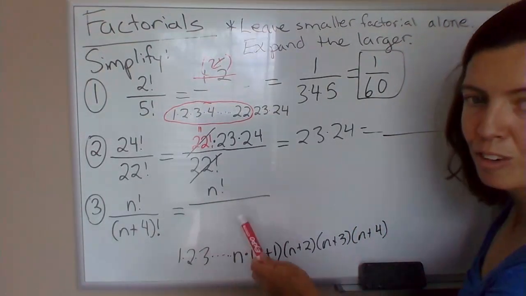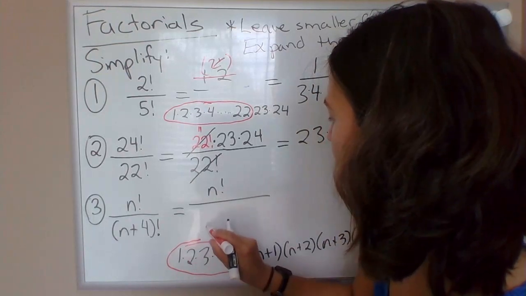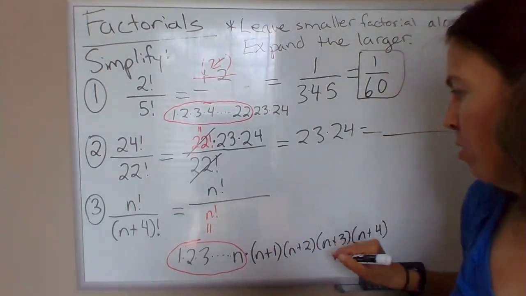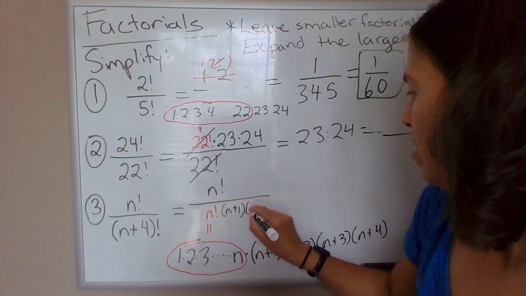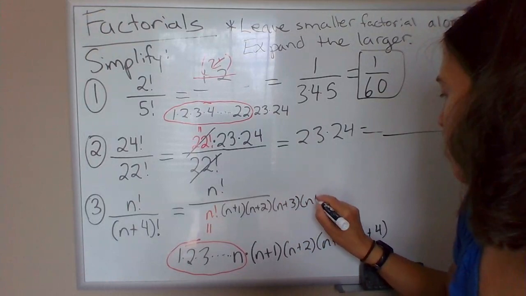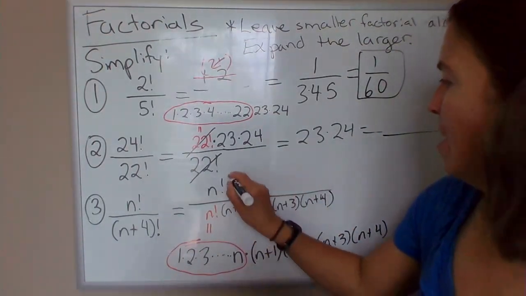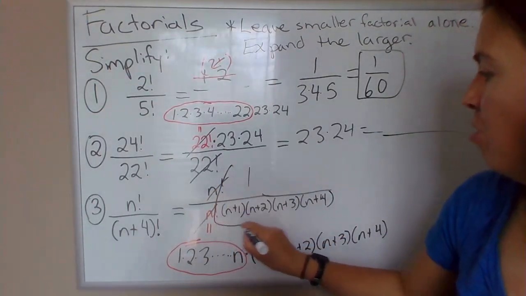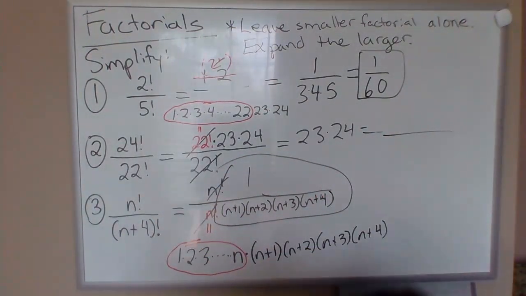But the 1 times 2 until you get to n, this is n factorial, times, then you start listing your successive factors after n: n plus 1, n plus 2, n plus 3, n plus 4. So the n factorials cancel, so we'll leave a 1 in the numerator. And so this is what n factorial over n plus 4 factorial simplifies to.